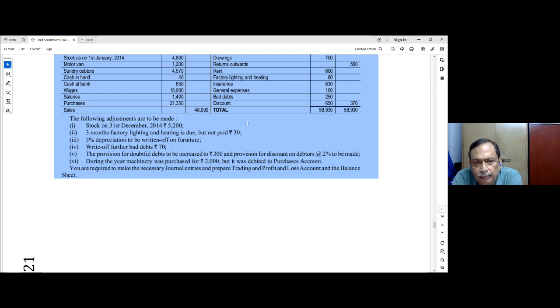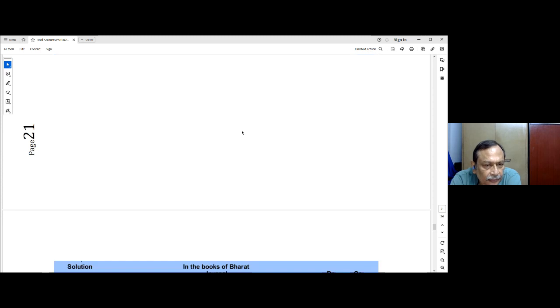The provision for doubtful debts to be increased to rupees 300, and provision for discount on debtors at the rate 2% to be made. During the year, machinery was purchased for rupees 2,000, but it was debited to purchase account. You are required to make the necessary journal entries and prepare trading profit and loss and the balance sheet.